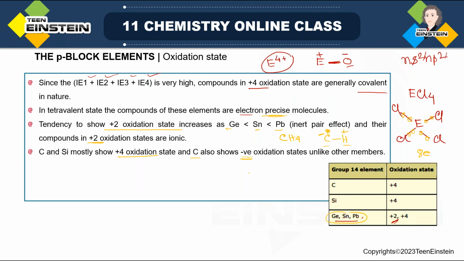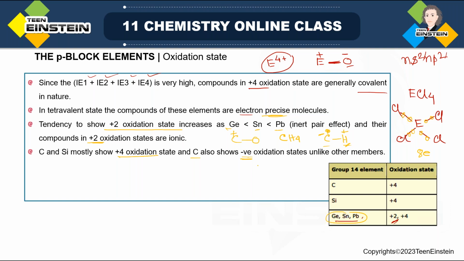So it is easy to understand when carbon will show a negative oxidation state. You just have to check the other element with which carbon has formed the bond, whether that element is more electronegative than carbon or less electronegative. Hydrogen is less electronegative, so that is why carbon is negative. Similarly, when carbon forms a bond with oxygen, there will be positive over carbon and negative over oxygen.